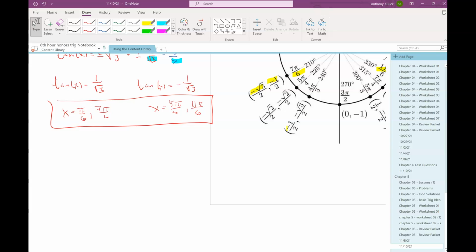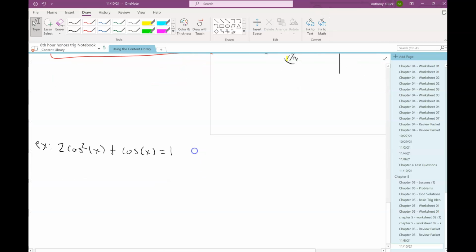All right, get ready. Hold on to your butts for this one. Two cosine squared x plus cosine x equals 1. What should I do first to solve this?